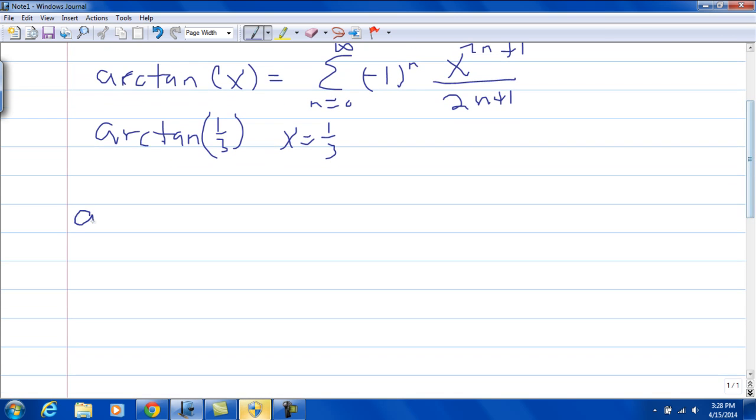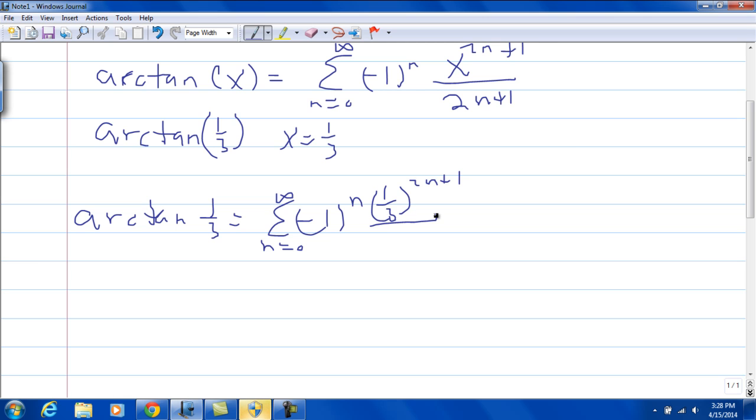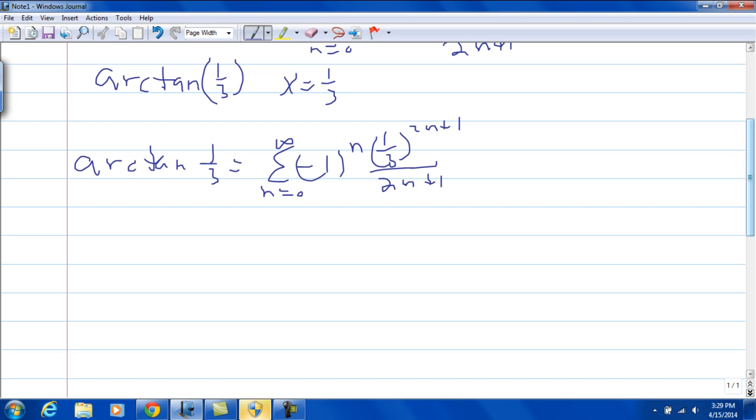So arctan of 1/3 is going to be equal to the sum as n goes from 0 to infinity of -1 to the n times 1/3 to the 2n plus 1 over 2n plus 1. So let's get a few terms out of here.